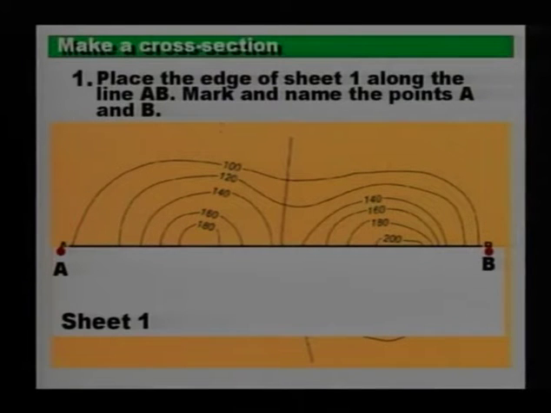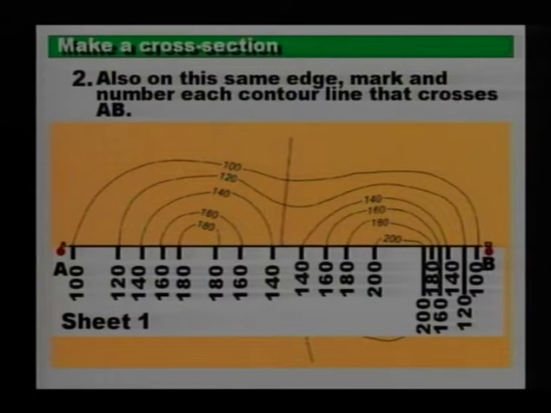Step number 2. Also, on the same piece of paper, I'd like you to mark each of the contour lines that crosses the line AB on your piece of paper. And I'd like you to mark those lines accurately.